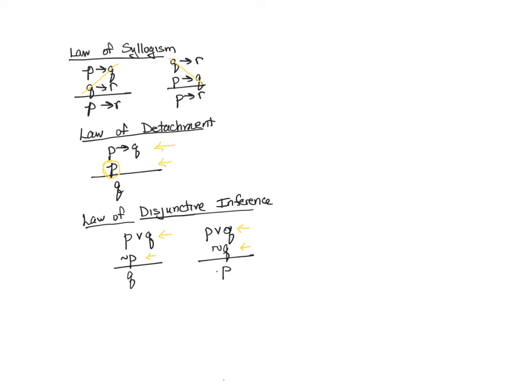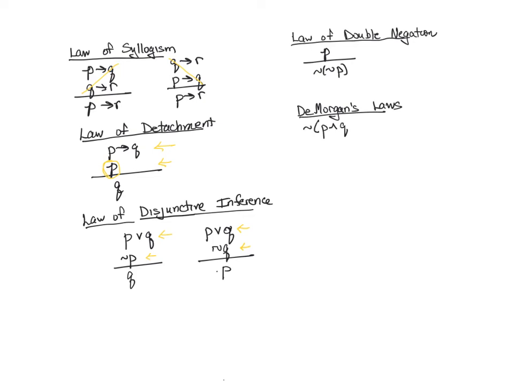And then the other laws that we've discussed through truth tables were the law of double negation, if we have P, then that's logically equivalent to not not P, and vice versa. We've got De Morgan's laws, which has its two parts, the negation of a conjunction or the negation of a disjunction.